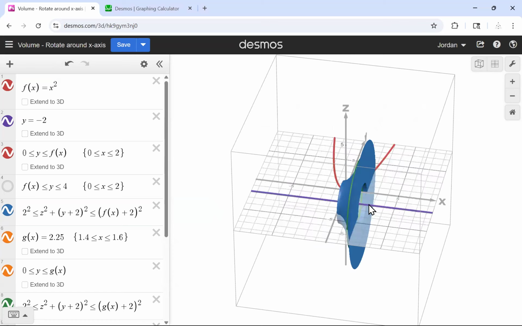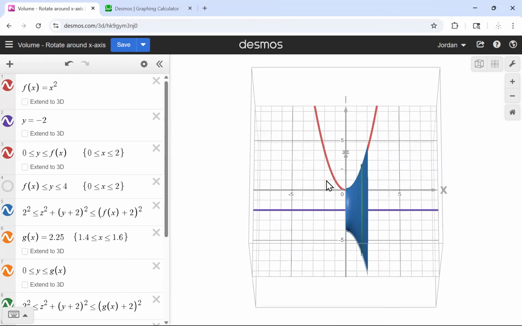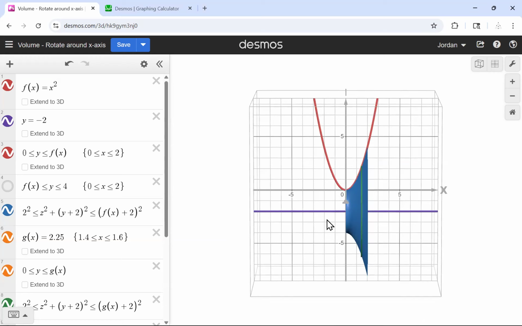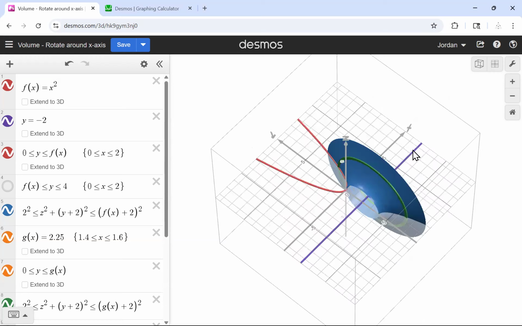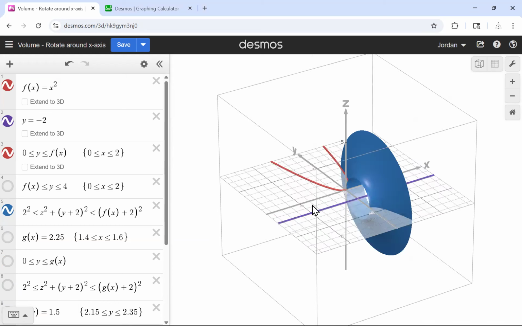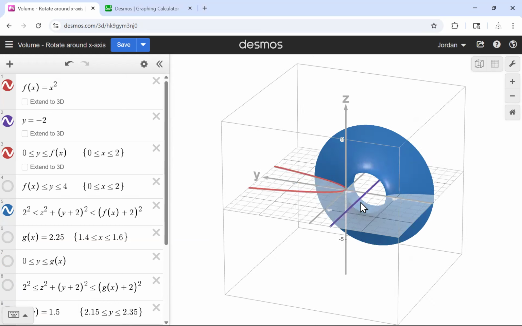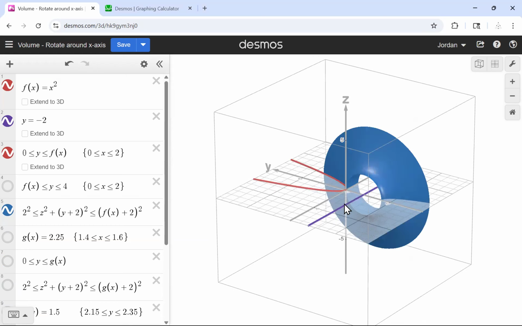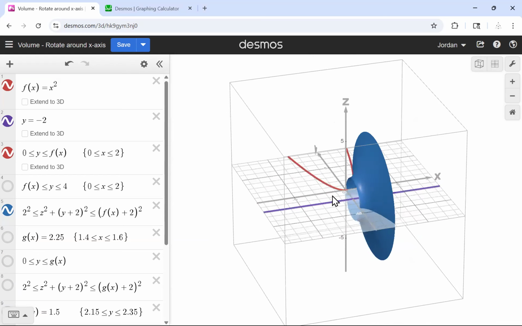So as you move your line further and further away, the volume is going to get bigger and bigger and bigger. But that's what we get. So the volume of this object is approximately 53.62.